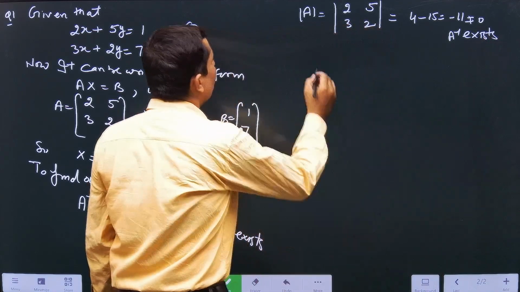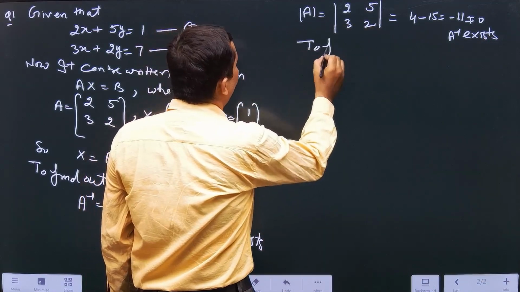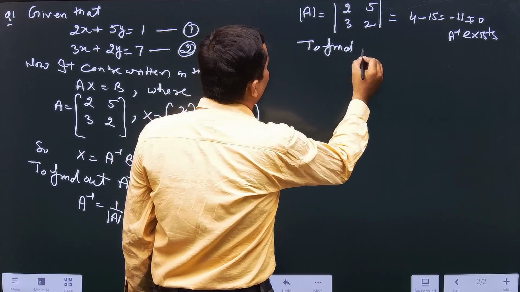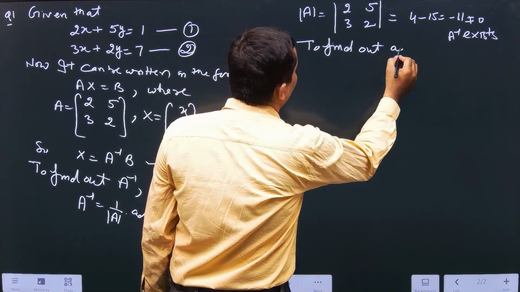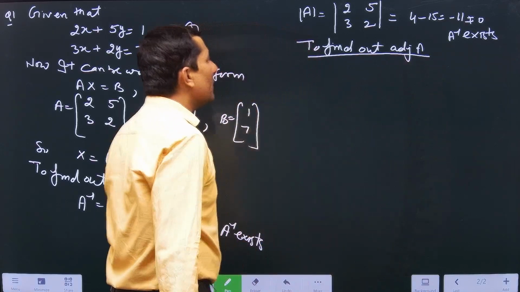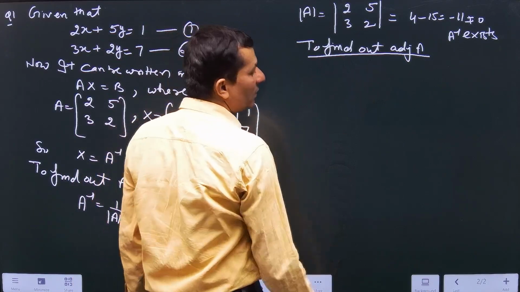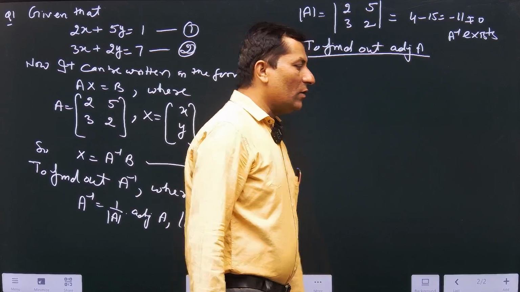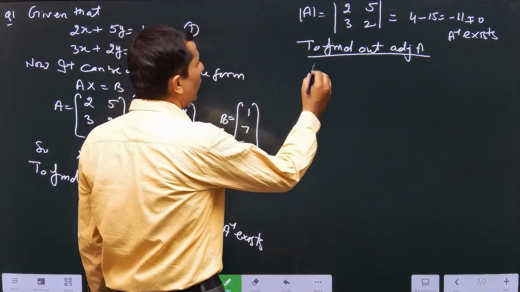Now to find adjoint A, first of all we will find the cofactors corresponding to both the rows.